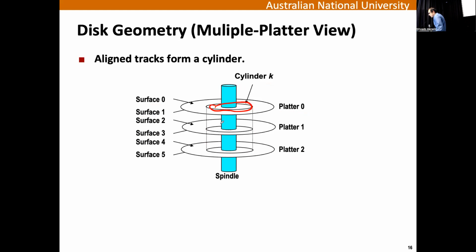So all the tracks here on both sides form a cylinder. And each track is divided into sectors, right? There are many sectors on each track. There's a lot of waste here. Why is that?